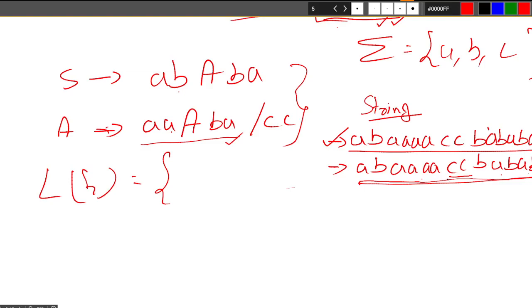I think the number of AAs and BAs should be equal. Okay, is AB counted or not? Now I believe the number of AA is equal to the number of BA. Is it acceptable now?